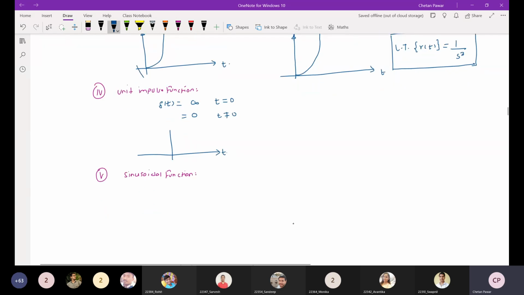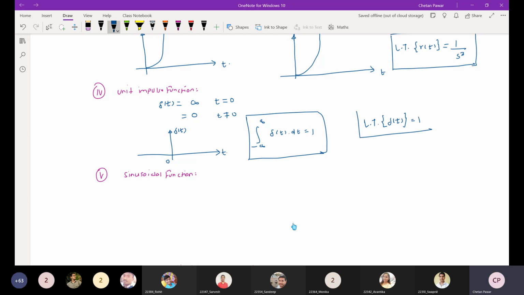Okay, so the impulse, and the Laplace transform of del of t will be 1.